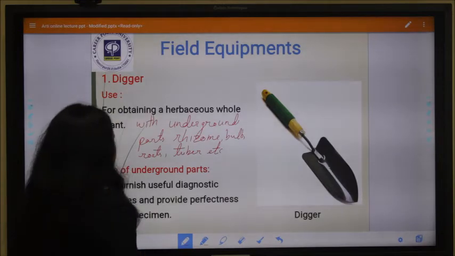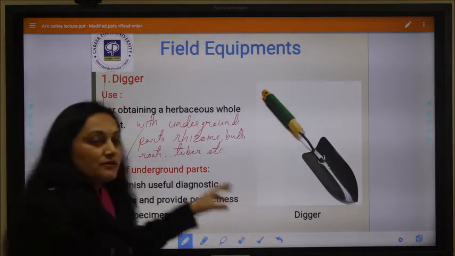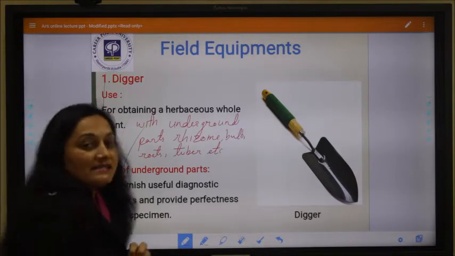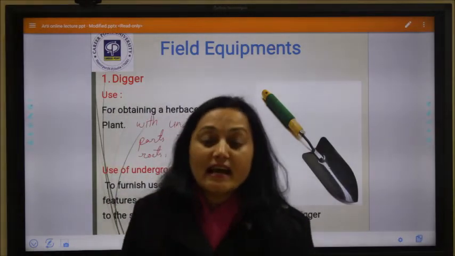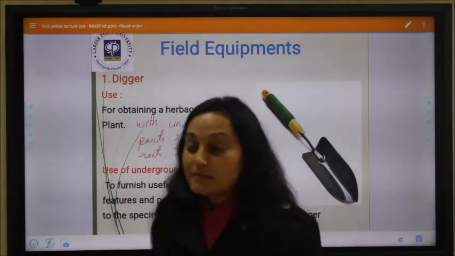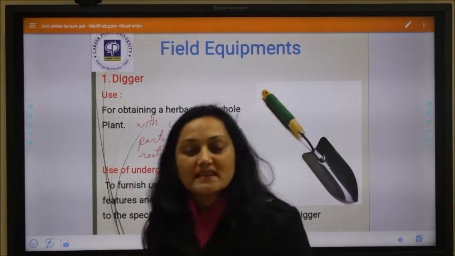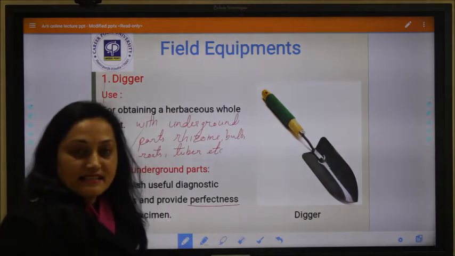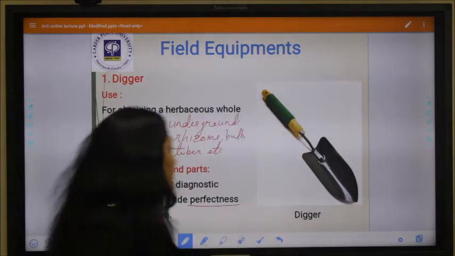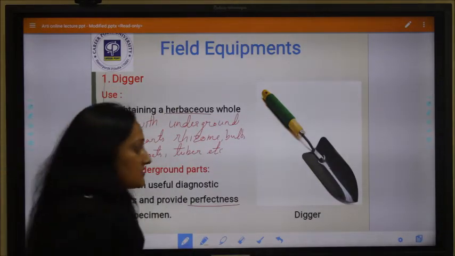And it is very useful. Why? The use of underground parts is to furnish diagnostic features and provide perfectness to the specimen. That's why underground parts of herbaceous plants are important.